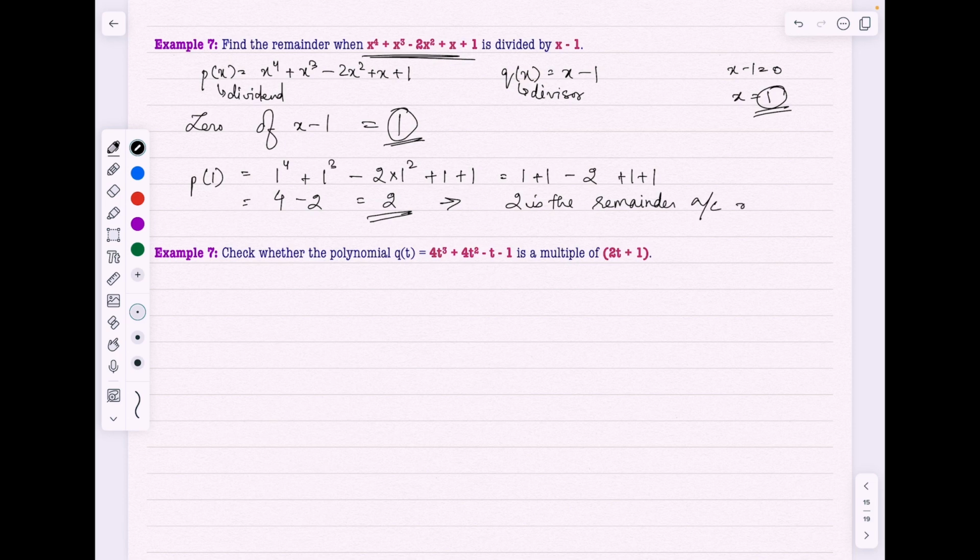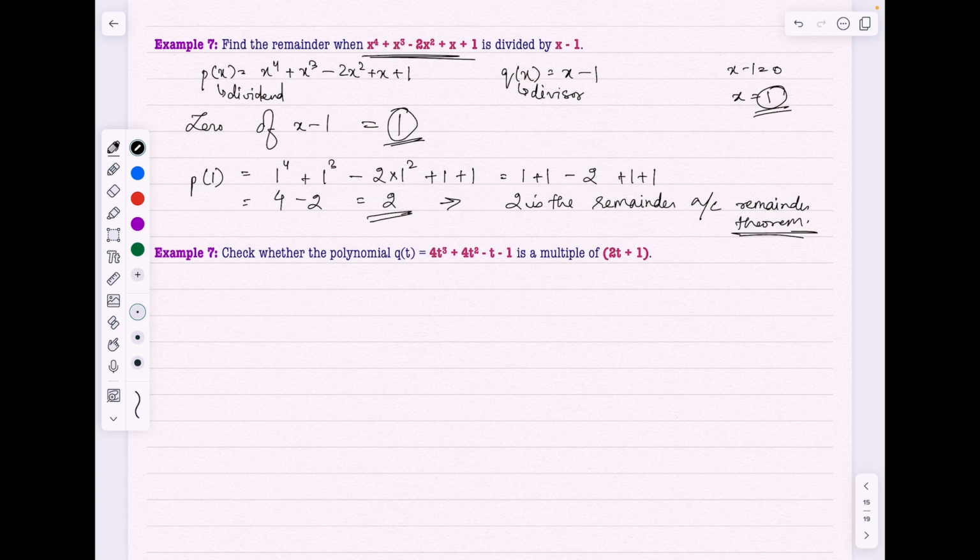According to the remainder theorem. See, here I am only telling you the process. In the exam, you have to write the remainder theorem first. You have to justify your actions. In CBSE exams, you have to justify whatever steps you are doing. You have to write the definition of the remainder theorem. For this, we are assuming that this equation is p of x and this is q of x.